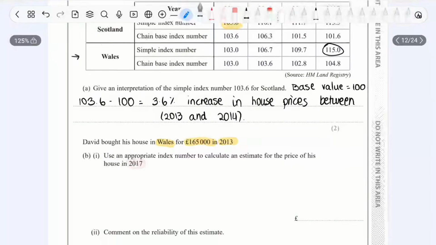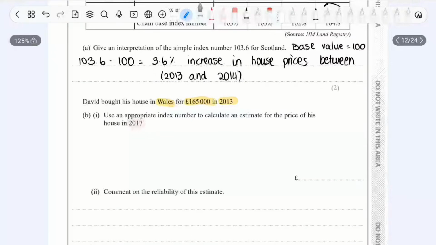However, how do you write that as a multiplier? If it's a 15% increase, and let's attribute that to the 115 index number, they can also write a 15% increase as 1.15 as your multiplier.